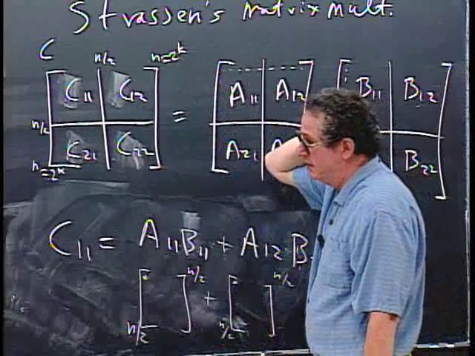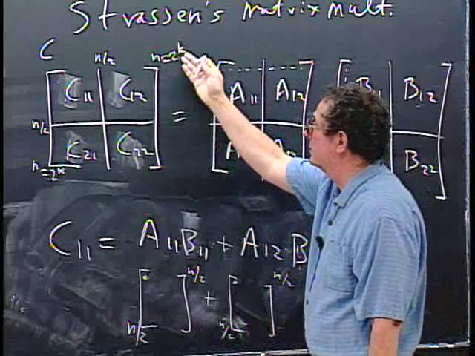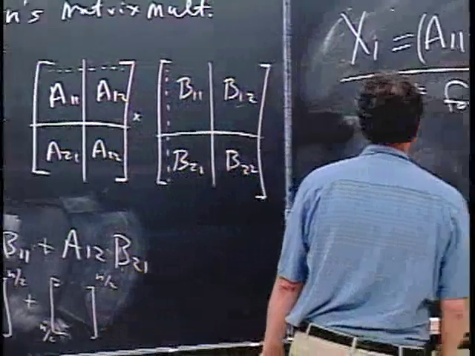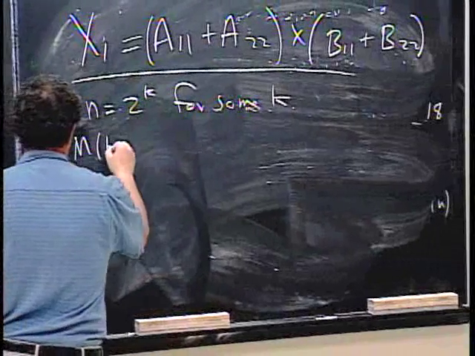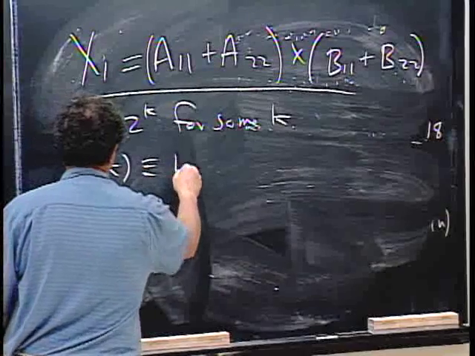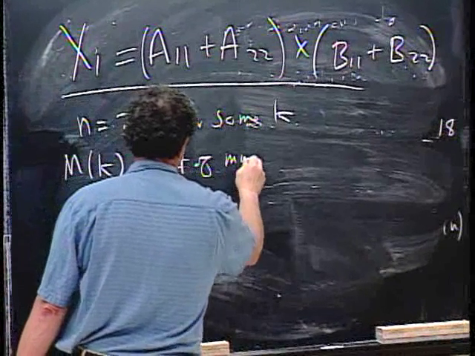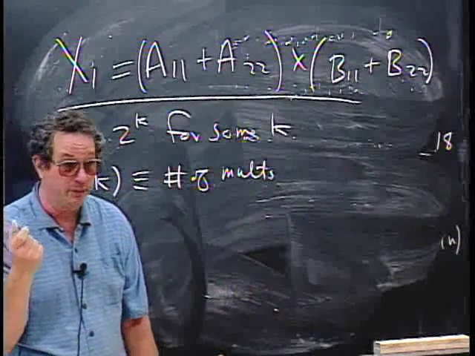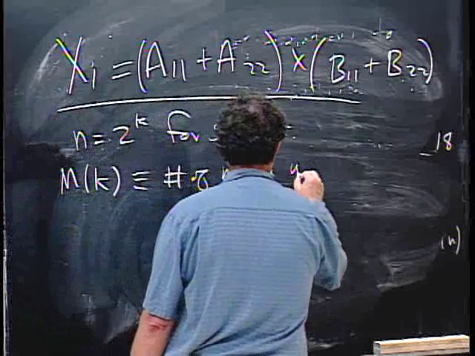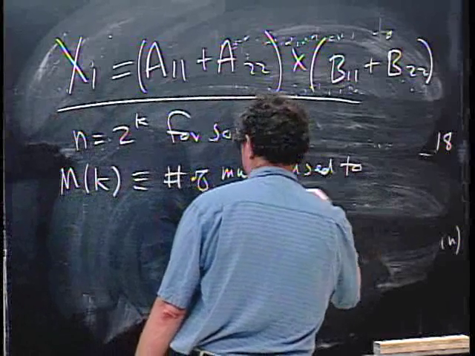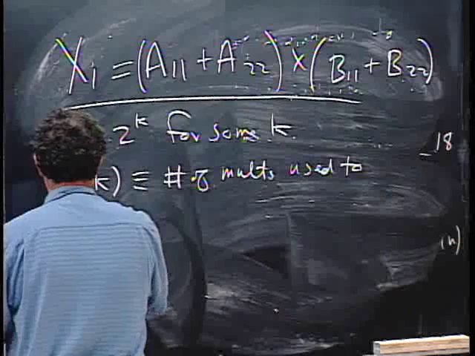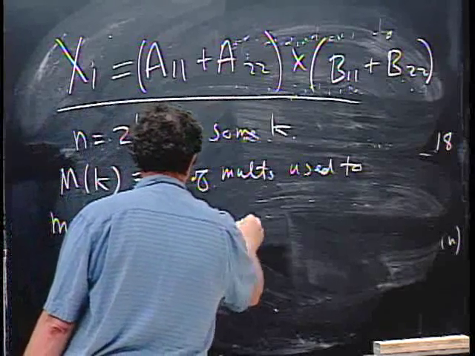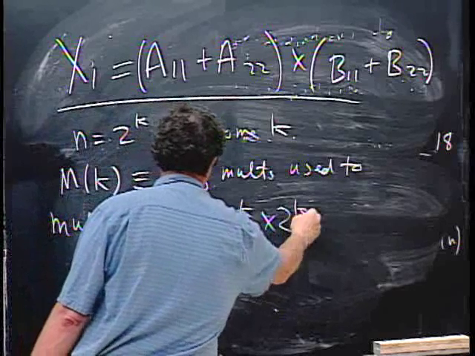But to first get the idea, it's just useful to look at a cleaner case where n is equal to a power of 2. So n is equal to 2 to the k for some k, and therefore we can define M_k as the number of scalar multiplications, multiplications of individual numbers, used to multiply two 2 to the k by 2 to the k matrices.